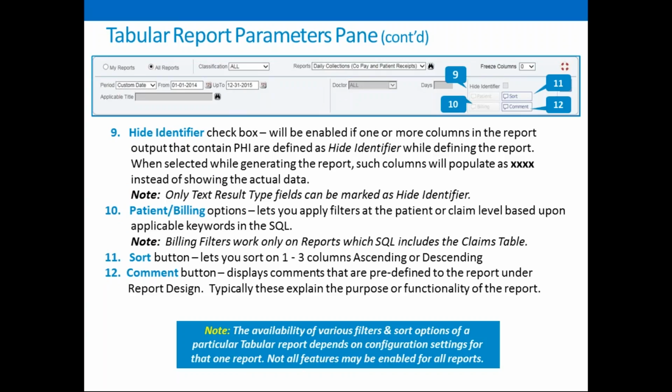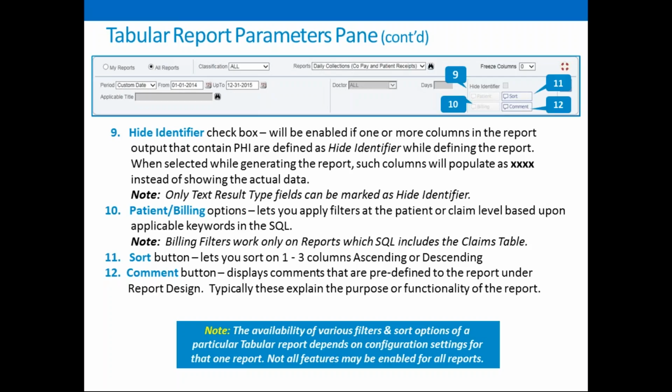And then these filters over here on the right are all optional, of course, if you are defining filters, if you want them sorted in a specific area. Number 9 is of note here, however, the hide identifier, which is applicable in cases of PHI. Maybe you're running the report in-house, and so you need the PHI, but now you've decided it is something that you need to share.